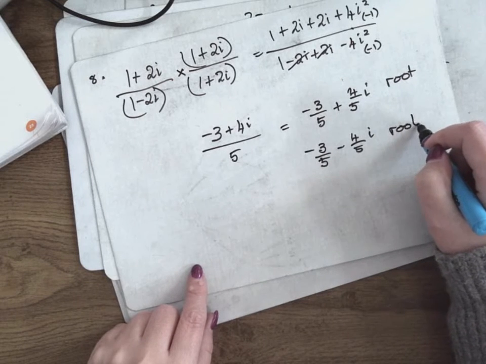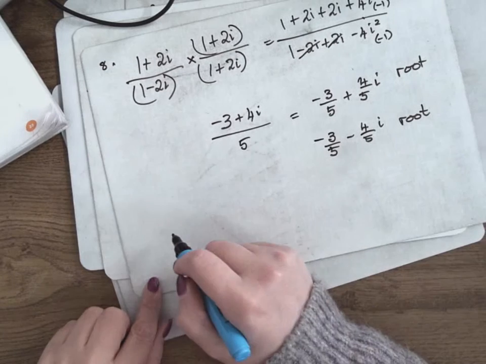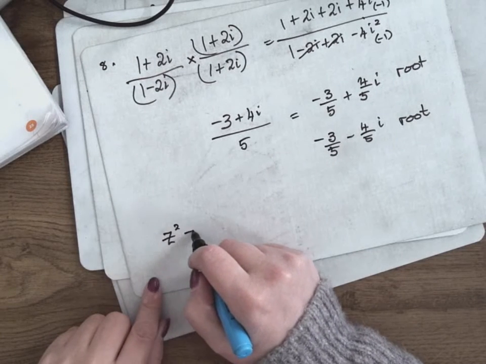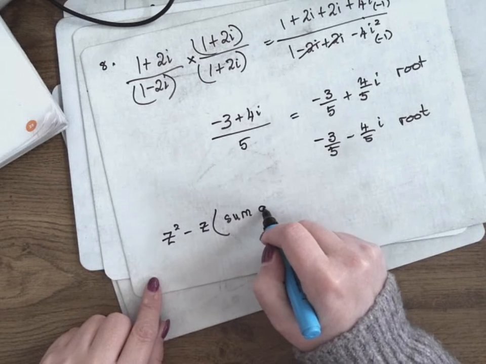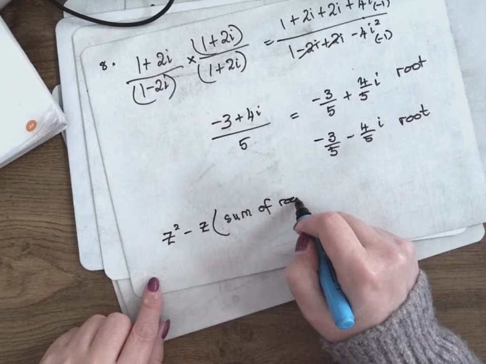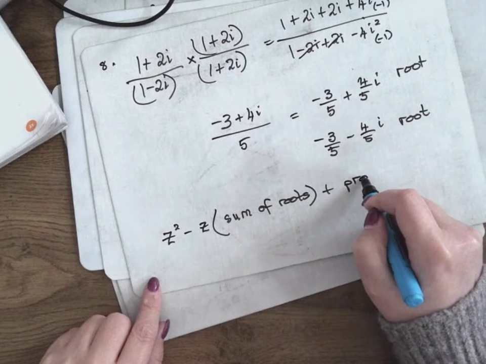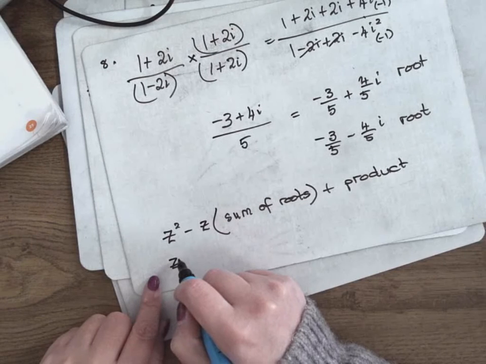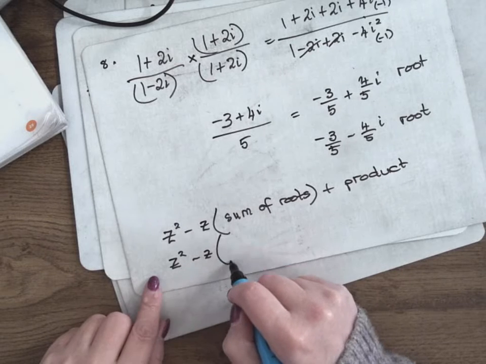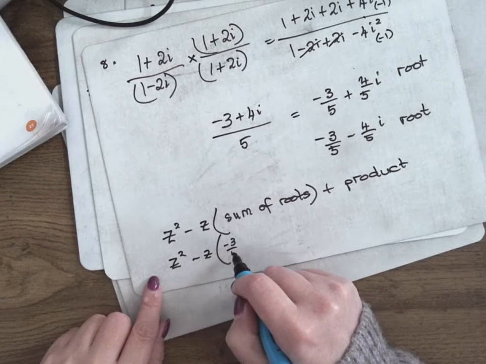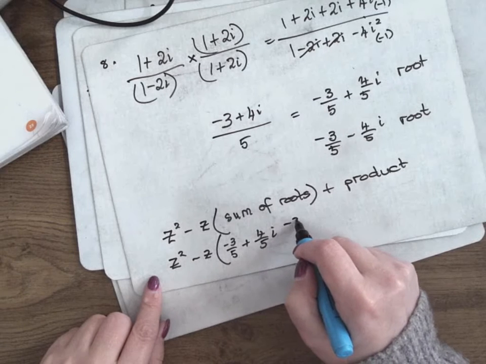Because the conjugate root theorem applies, it's z squared minus z times the sum of the roots plus the product. So the sum of the roots is minus 3/5 plus 4/5 i, minus 3/5 minus 4/5 i.